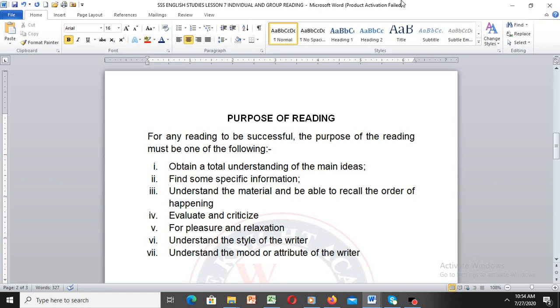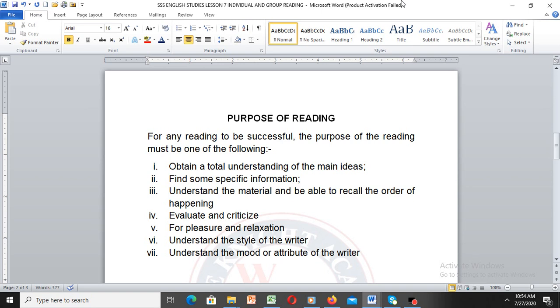Number 5. We read for pleasure and relaxation. For what? Pleasure and relaxation. One of the purposes of reading, for pleasure and relaxation. You want to relax, you pick up a particular topic that suits your mind, that interests you at that particular time.